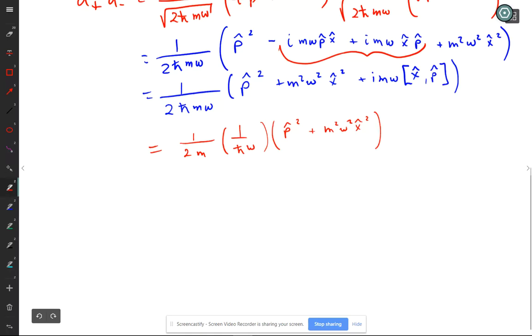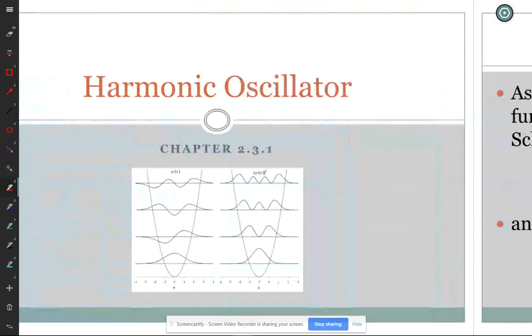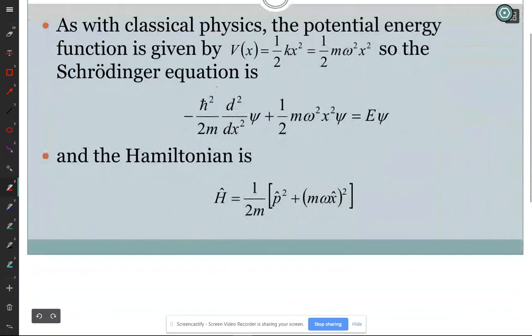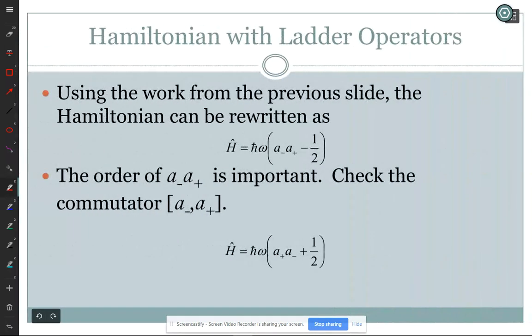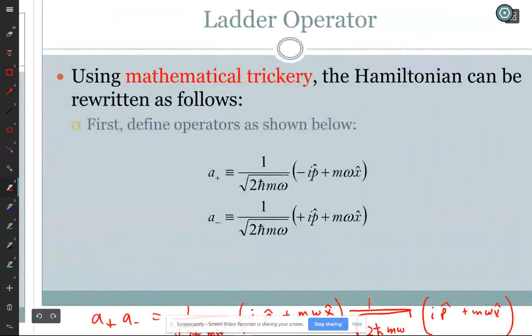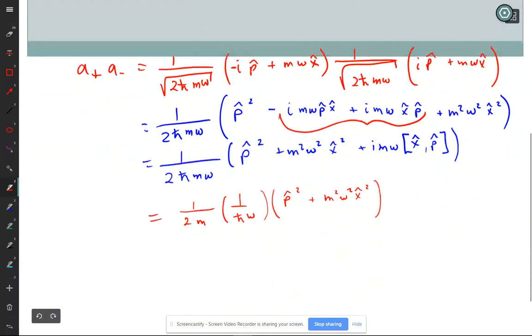Is that writing the first two terms correctly? Well, I think it's correct, but I have the 1 over 2m, m omega x. I put these in the wrong order.